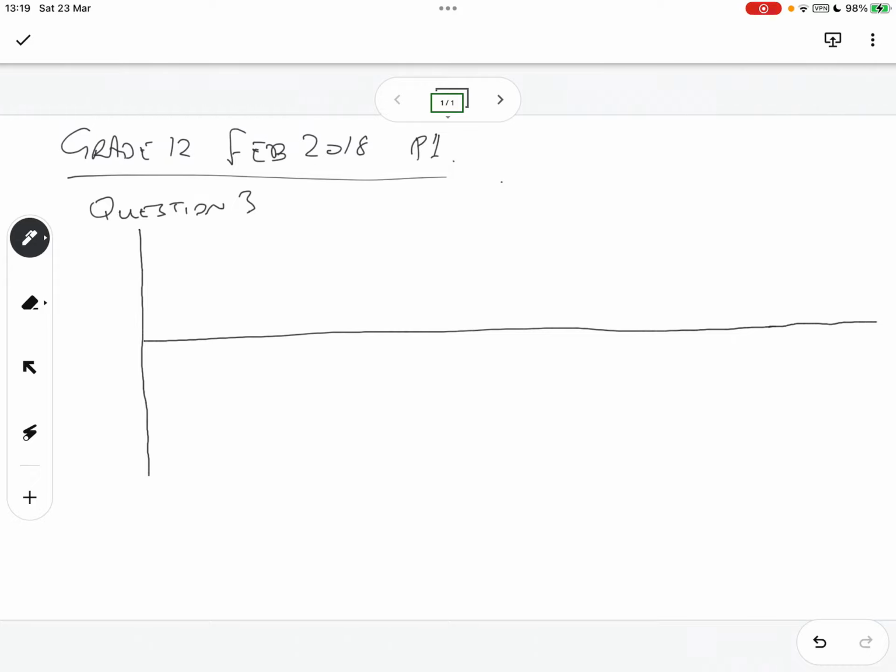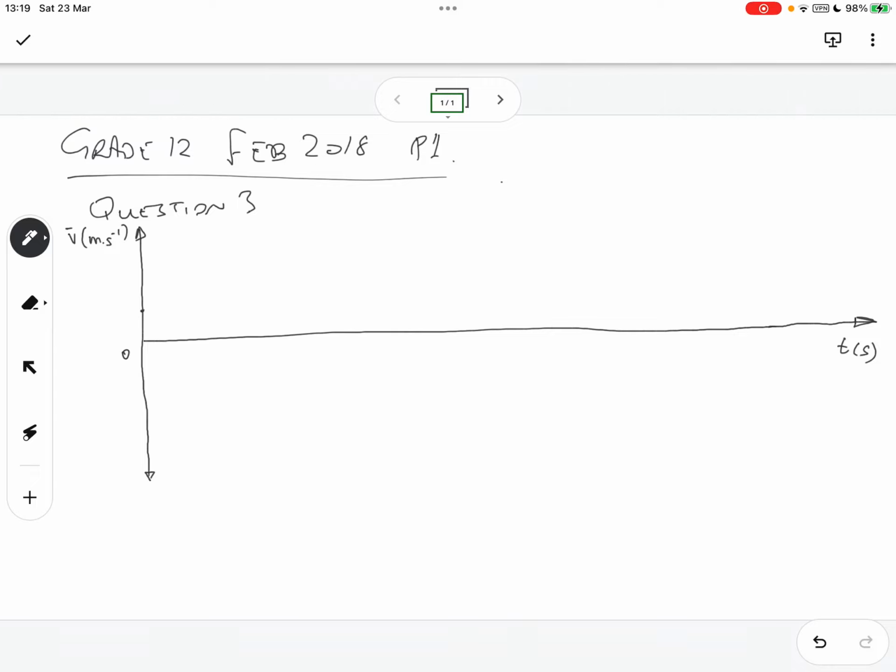The time is the measure of how long this whole activity takes place. And we're given a few stats. The vertical axis is the velocity of the motion of the object that we're looking at.